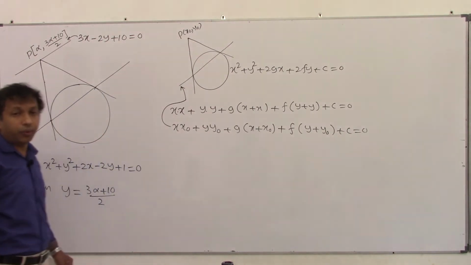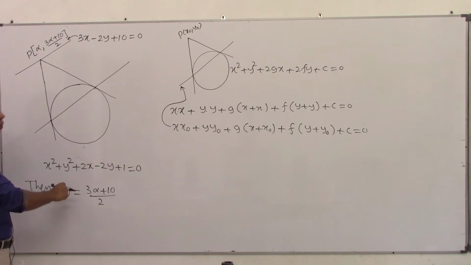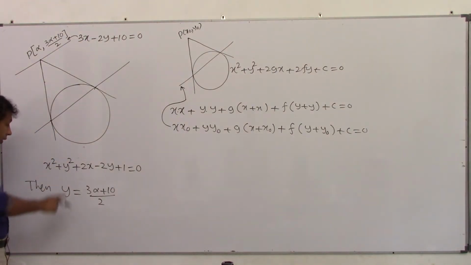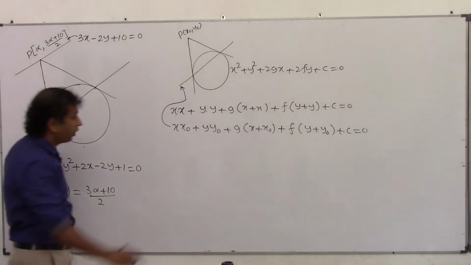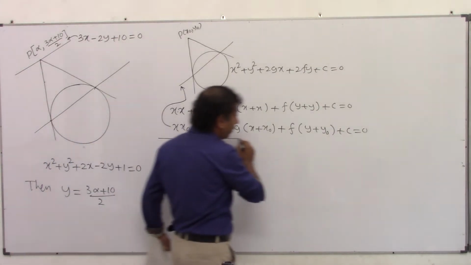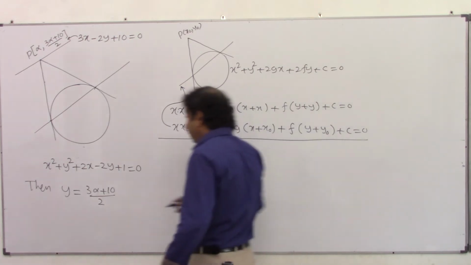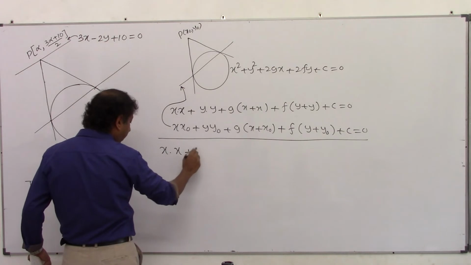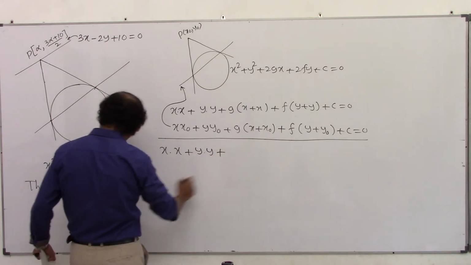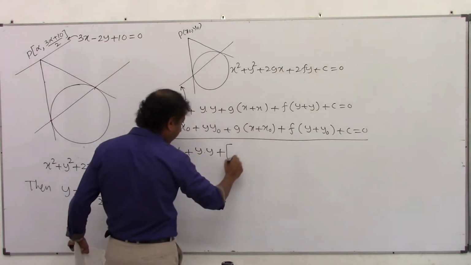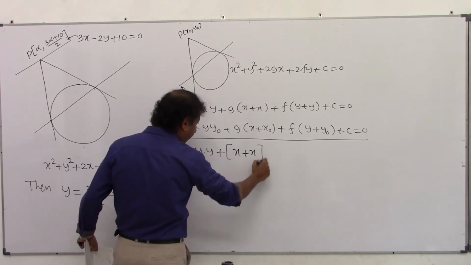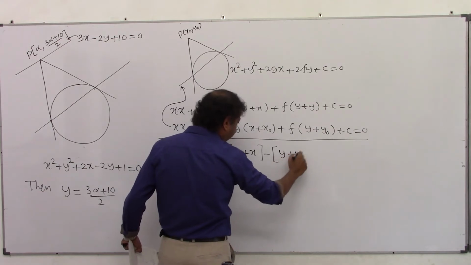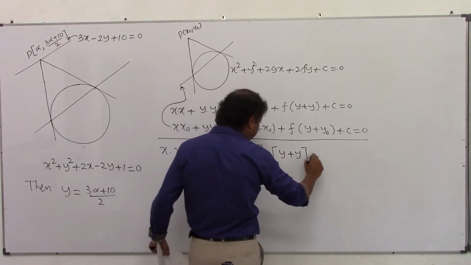Using that theory, I can write the chord of contact like this: x into x, y into y, and 2x as (x plus x), and minus 2y as (y plus y), plus 1 equals 0.